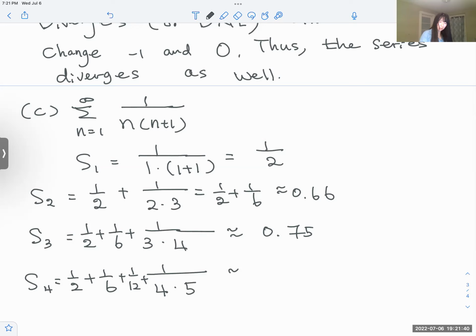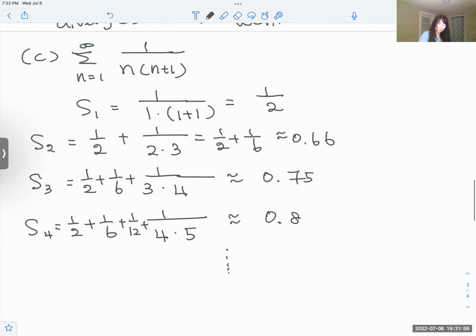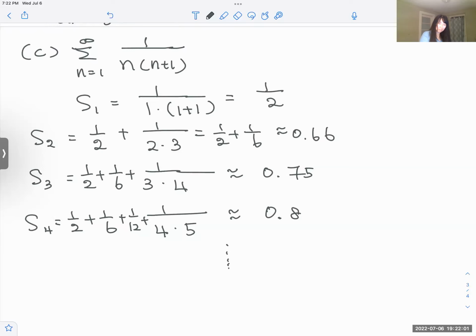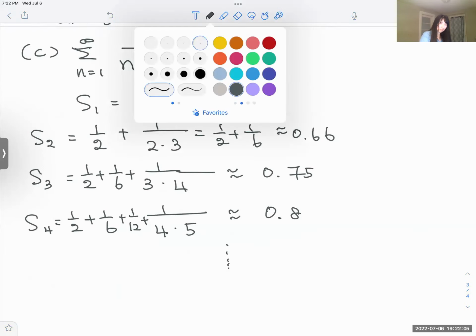Now, can you please calculate? 0.8. 0.8, right? Okay, so does it approach infinity? It goes to infinity? Maybe one more then? It goes to 1.